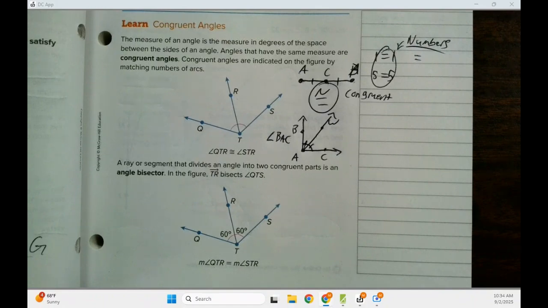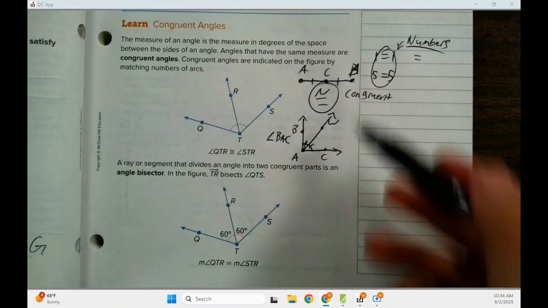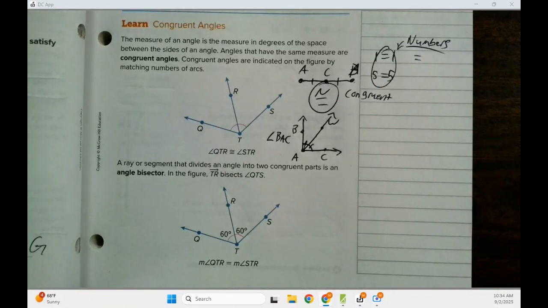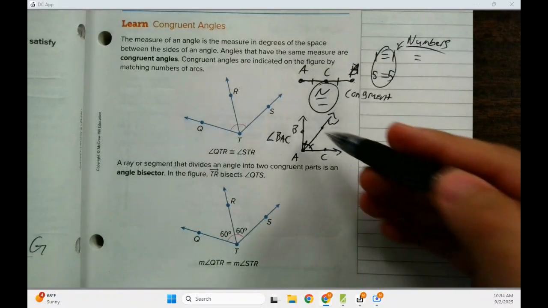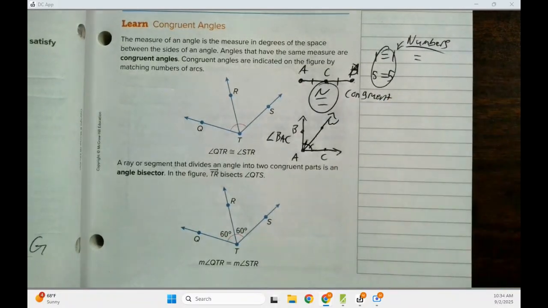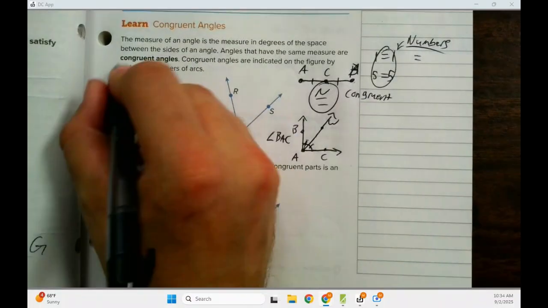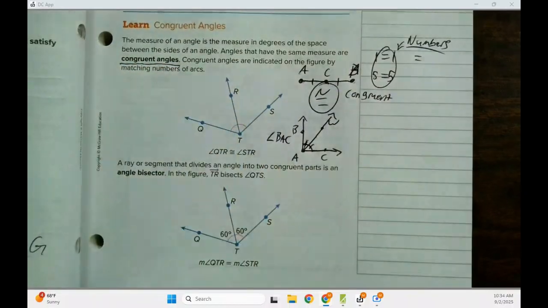The two parts of my angle that add up to the whole is the same kind of question as when we were working with line segments and saying the little parts of my line segments added to the whole. Except now I call these congruent angles. That's what this is talking about right here. Angles that have the same measurement are called congruent angles.